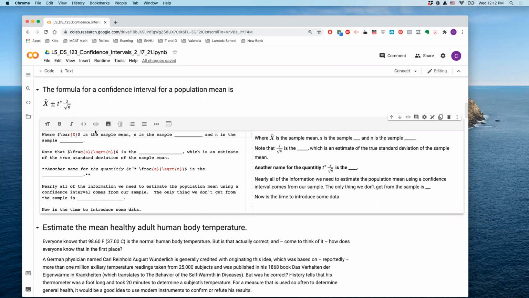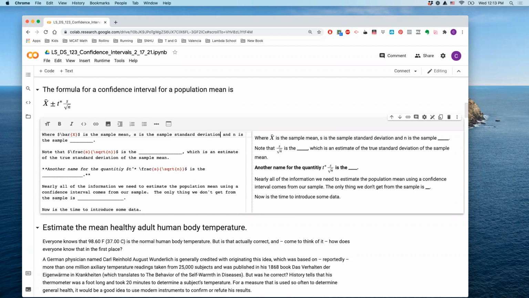Seems reasonable. So the other pieces that we're going to need from our sample, that's our data set, our sample. So we calculate the sample mean. We also need to calculate S, which is the sample standard deviation. We can get this, it's displayed when we do .describe, and you can also calculate it using the .std function.